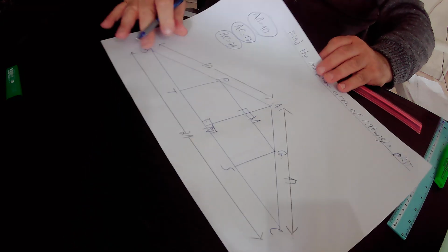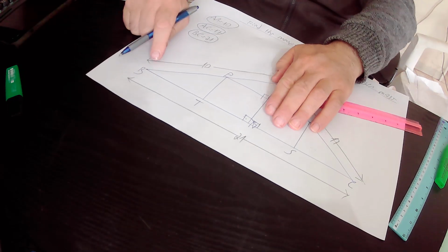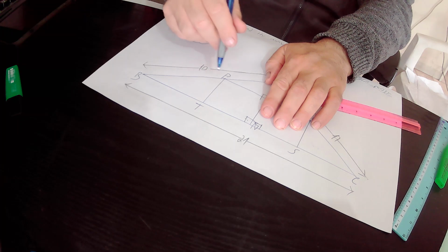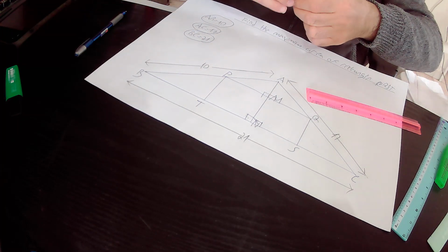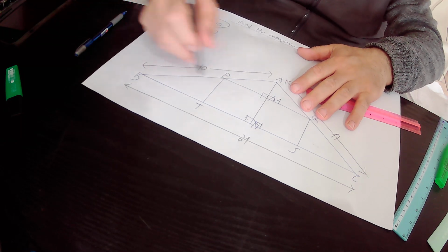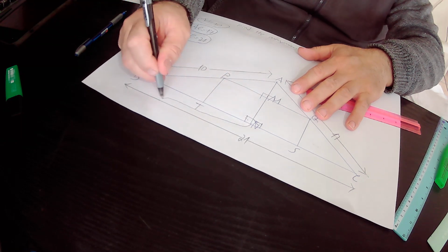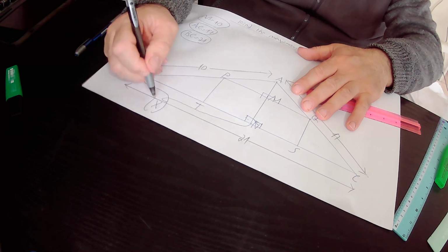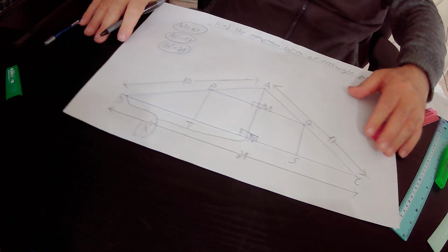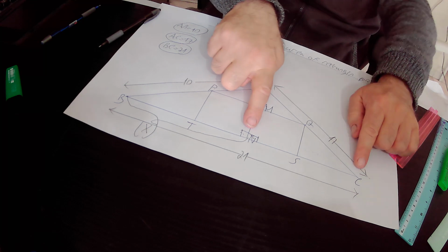In the next step, we will define the length of this line segment BN as X. So what is the length of this line segment NC?